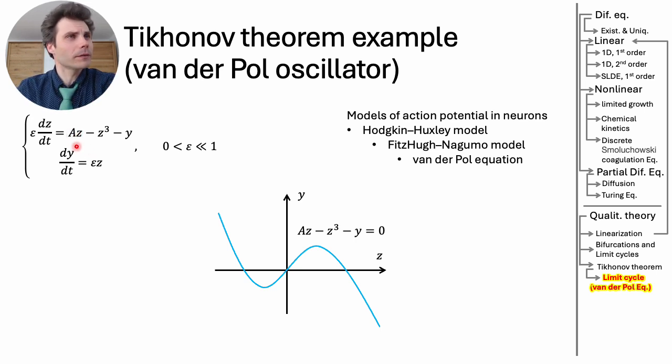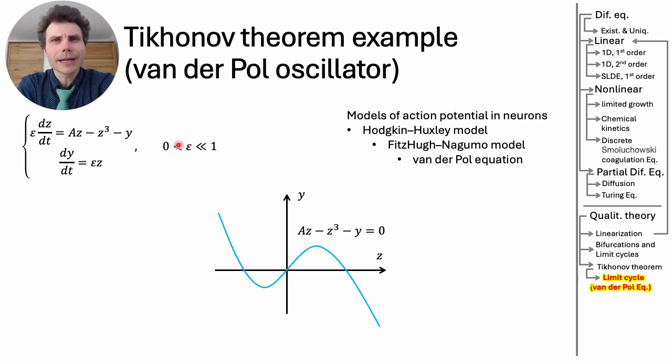And y, the kinetics of y is quite simple. It's just proportional to z. But the kinetics of z has this nonlinear term here, the cubic term. There are two constant parameters, a and epsilon, where they both are considered positive, but epsilon is considered small, quite close to zero.